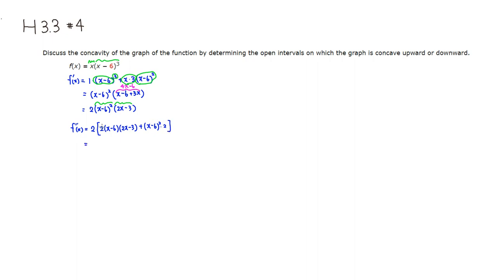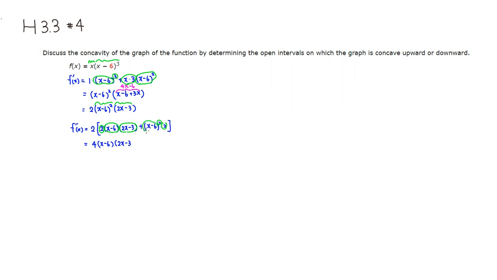We have a common factor, 2 and 2 there, so pull it out. Then 2 was already there, so that becomes 4. Then you have x minus 6 here. There are 2 of those here, so we can pull that out. So we'll have x minus 6, and what's left over is 2x minus 3, which came from here.